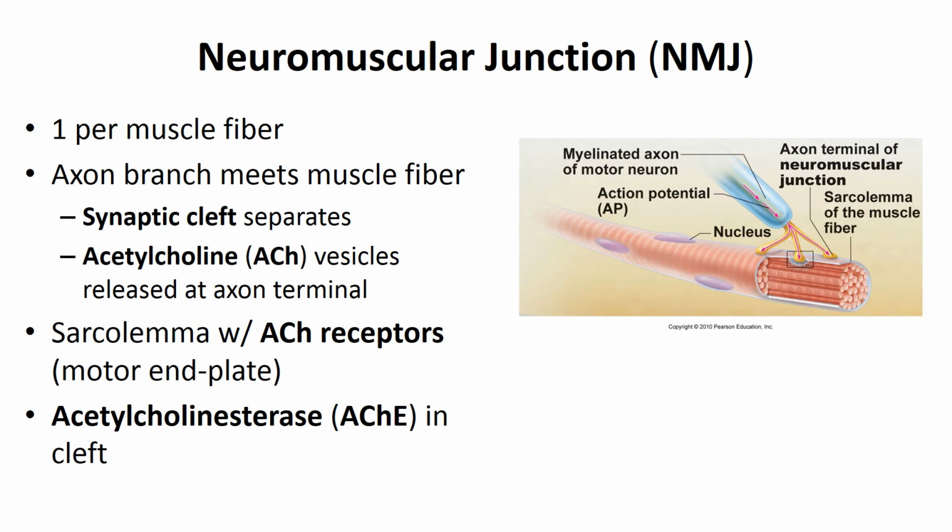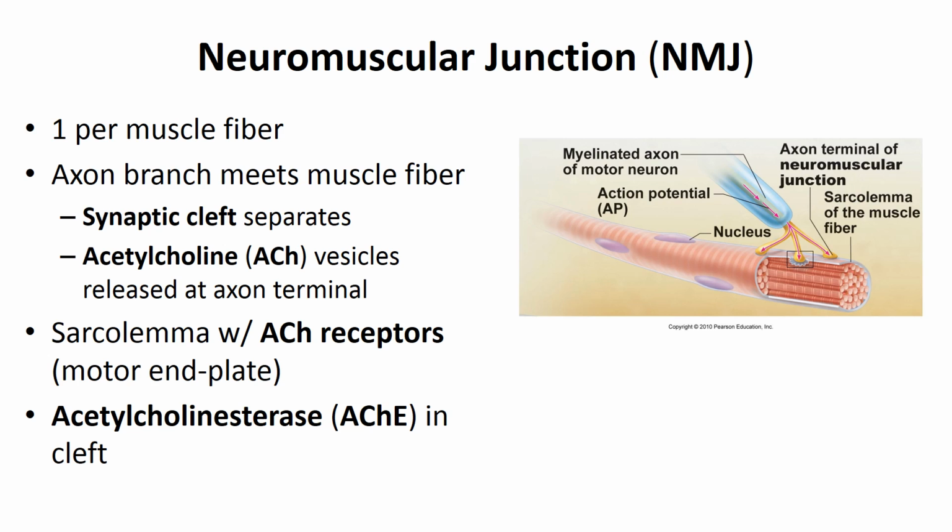The synaptic terminals then interact with the sarcolemma of the muscle fiber at a specialized site called the neuromuscular junction. When the electrical impulse or action potential reaches the synaptic terminals, calcium channels within the synaptic terminal begin to open, causing calcium to rush into the axon terminal.